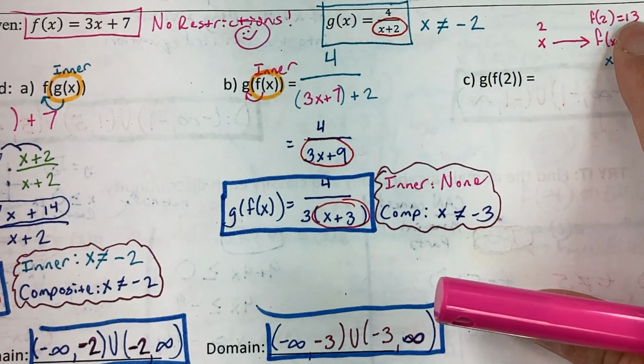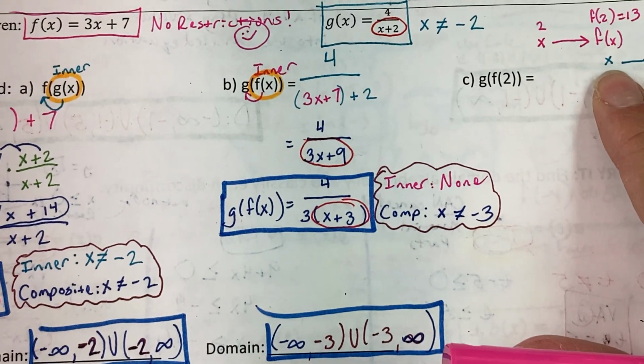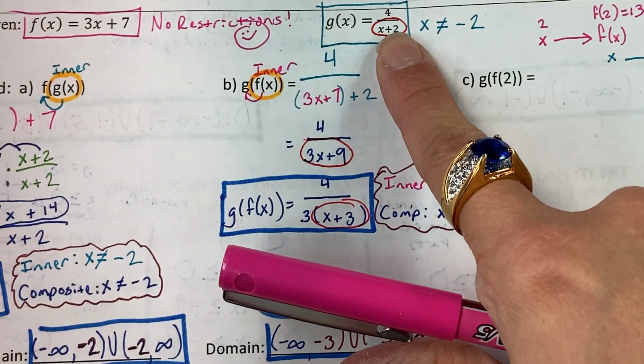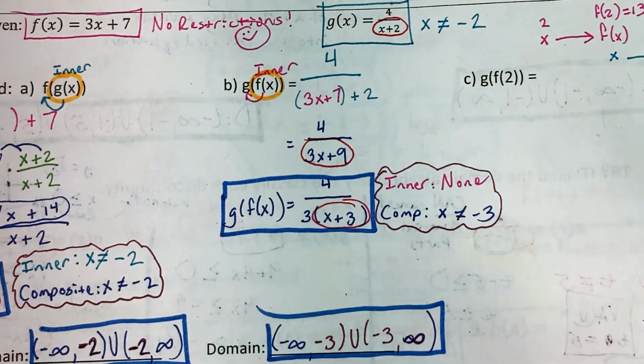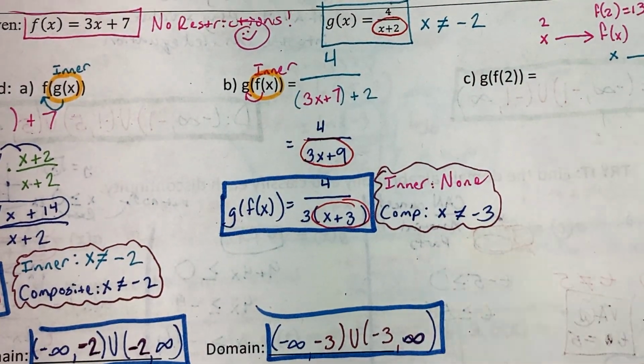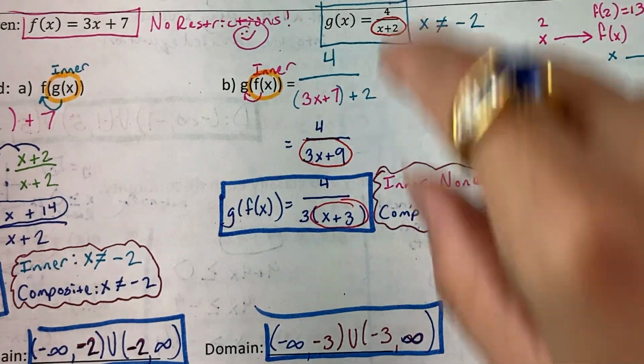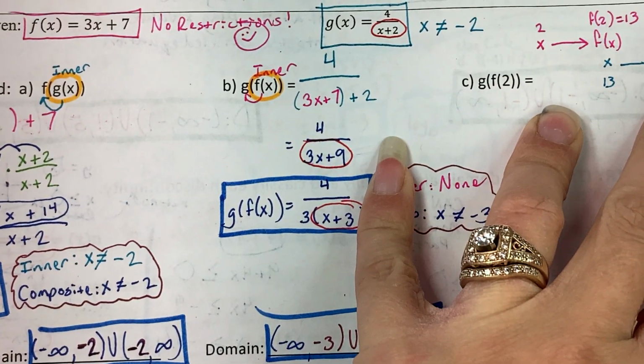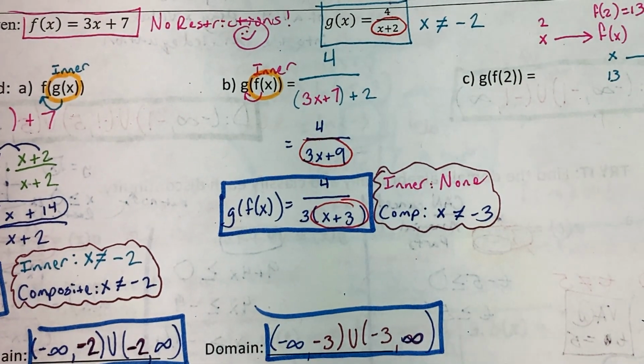Then if I take that 13 and plug it in for my input of my g function, 13 on the bottom plus 2 gives me 15, and 4 divided by 15 is 4/15. So 13 is this input, and 4/15 is my output.